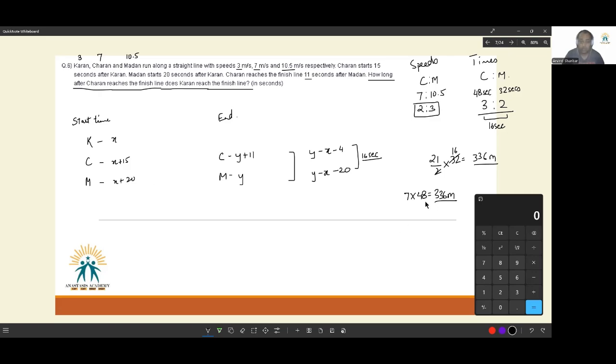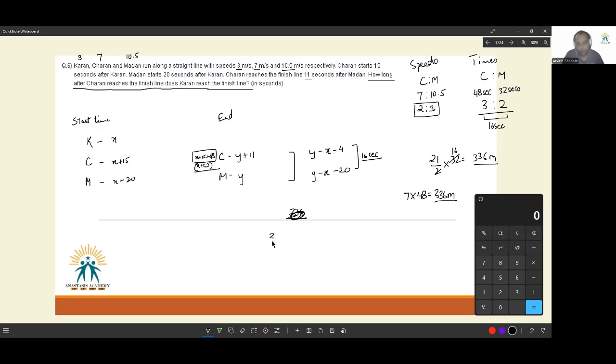Charan reaches the finish line in x plus 15 plus how much time does it take? 48. So he'll reach the finish line in x plus 63. The timing when he reaches the finish line is x plus 63.